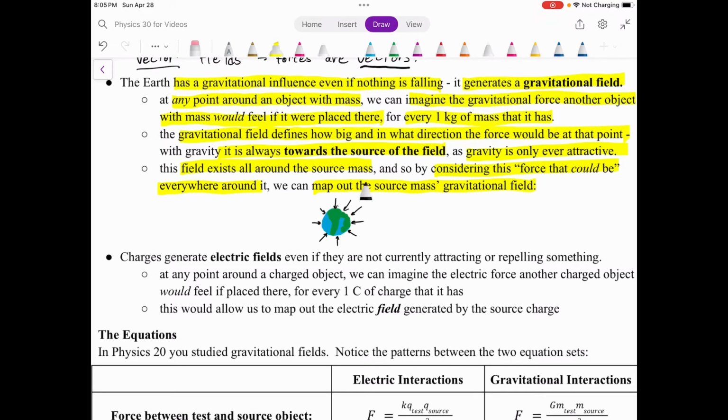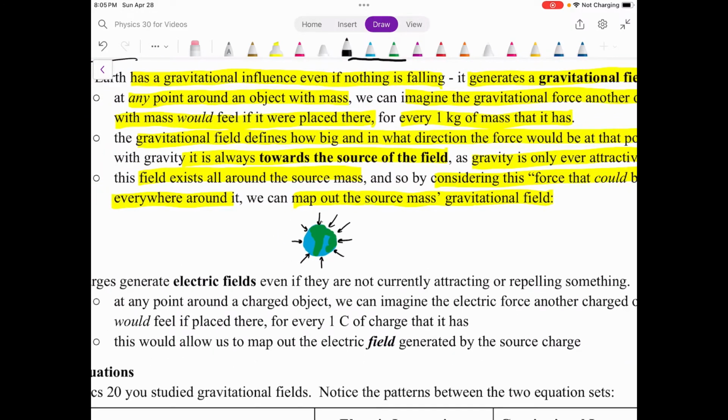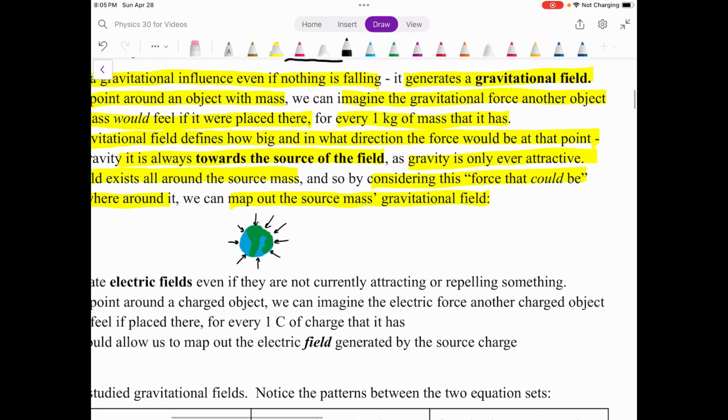And what that actually looks like visually is this picture that we drew earlier. It shows us what the gravitational force on an object would be like for every kilogram of mass that it has at every location in the Earth's area of influence, so to speak. And of course, there's a numerical value associated with it. So for example, if we say that at that location, the strength of the gravitational field generated by the Earth is, I don't know, how about 8.9 newtons per kilogram?